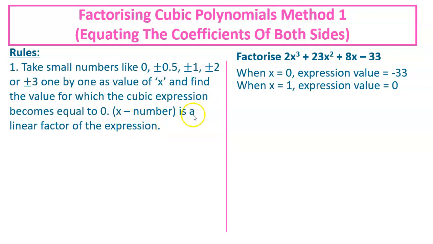So x times x squared will give us x to the power of 3. So this is the linear factor, and we will have another quadratic factor, and we know how to factorize the quadratic part. So this is the part that we have to get, the linear factor of the given cubic polynomial. And in this case, we have found the linear factor, which is x minus 1.